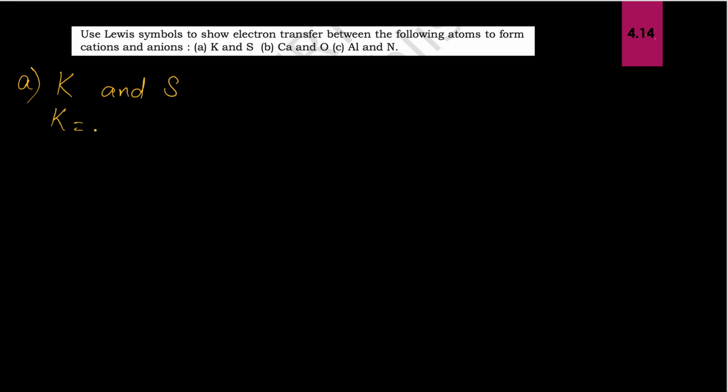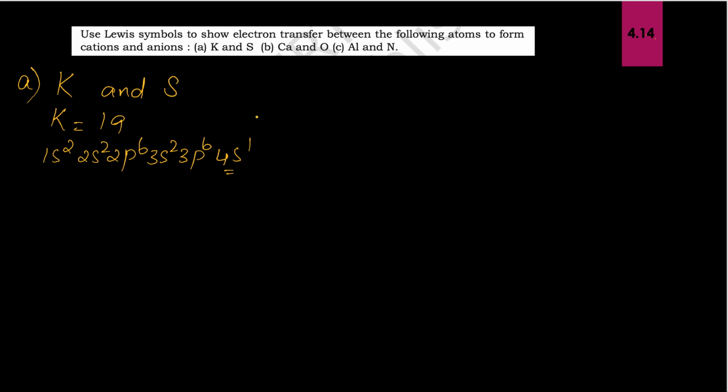So potassium, the atomic number is 19. When you write its electronic configuration, 1s2, 2s2, 2p6, 3s2, 3p6 and 4s1. So the valence orbital is 4s1, which has only one electron.